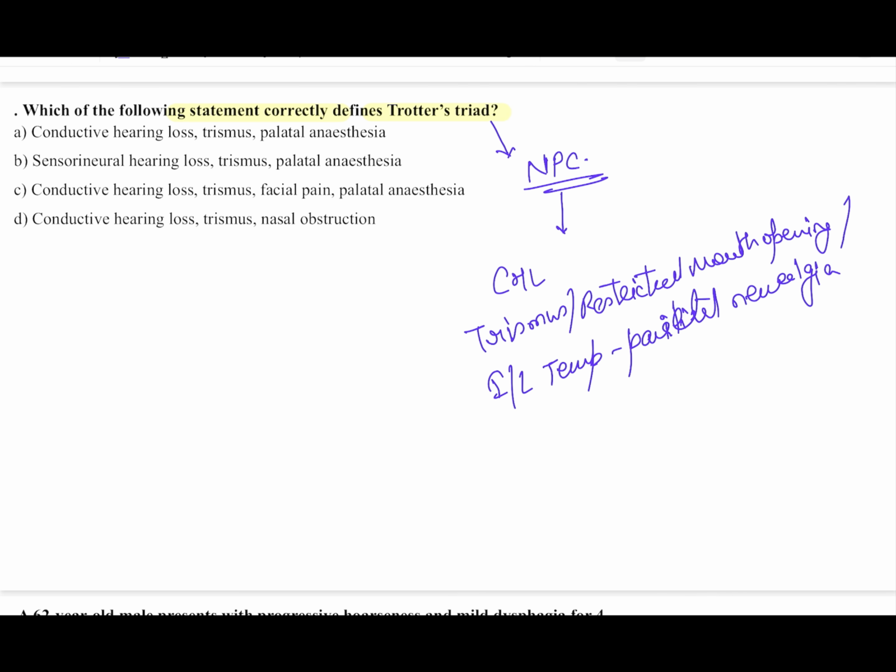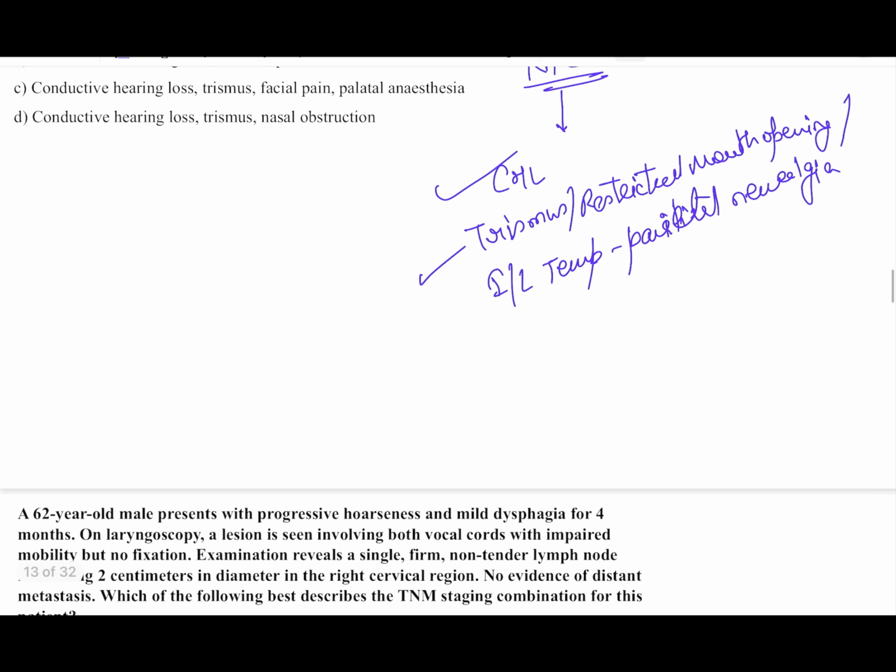So first will be conductive hearing loss, second part of the triad will be trismus, restrictive mouth opening, or ipsilateral temporoparietal neuralgia, and third will be palatal anesthesia or palatal paralysis.